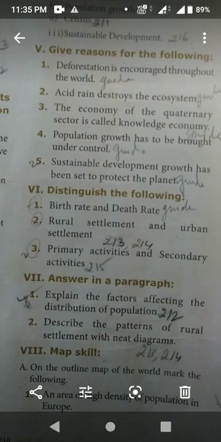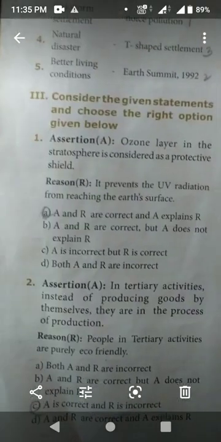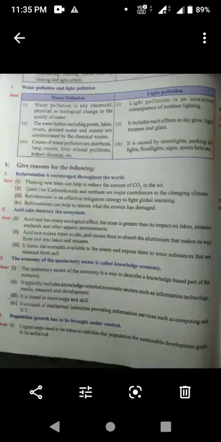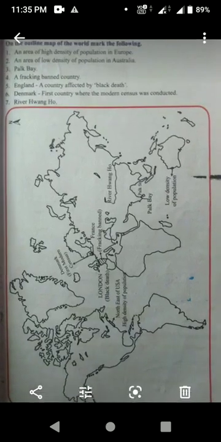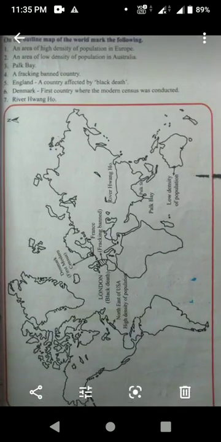Next, Roman number 8, map skill. On the outline map of the world, mark the following places. First one, an area of high density of population in Europe.